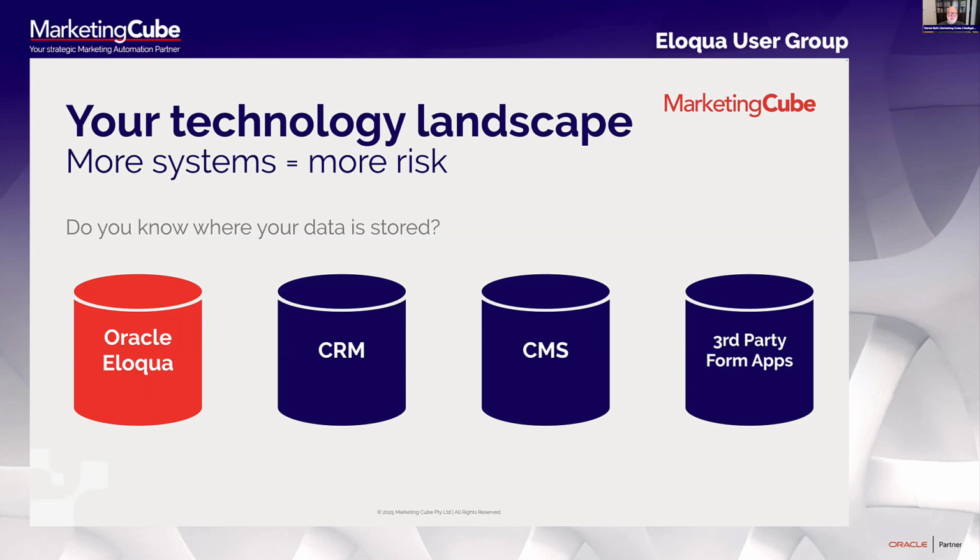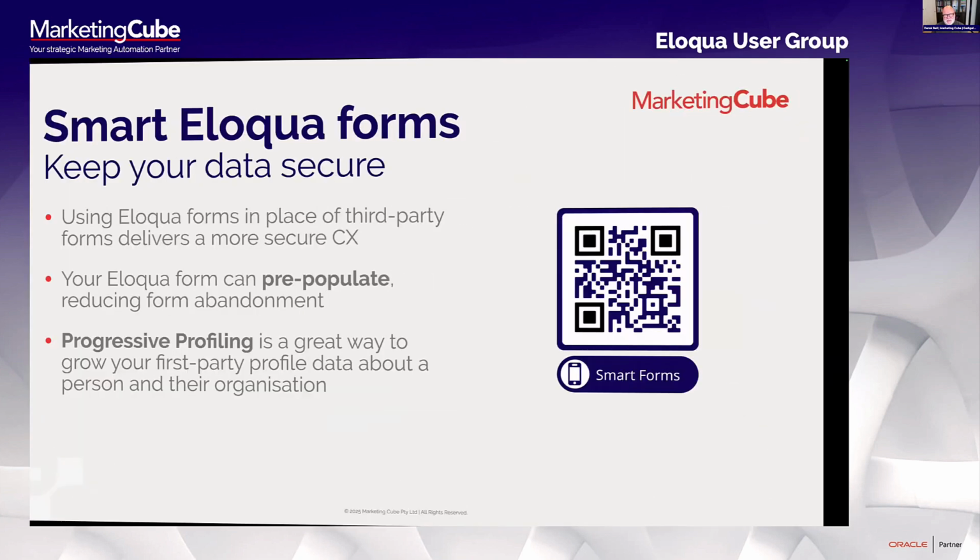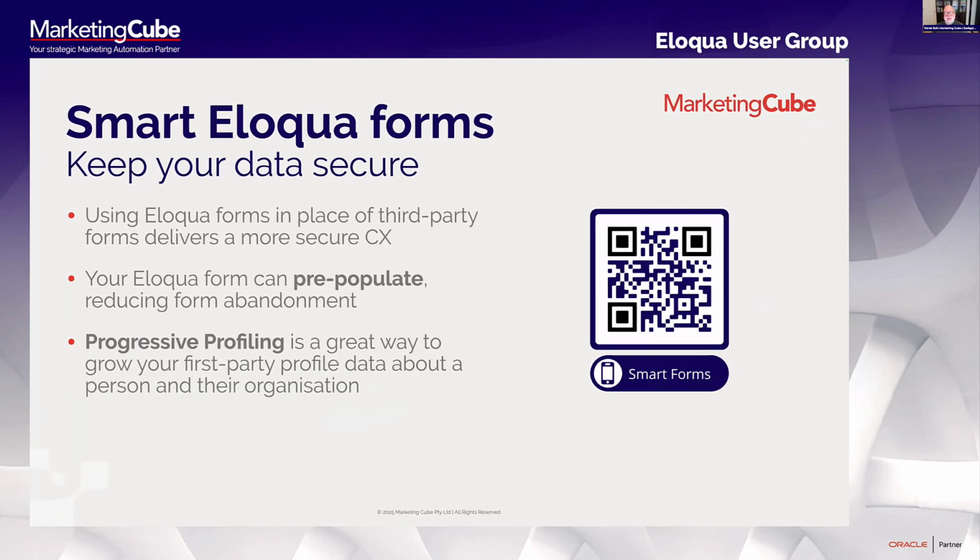Some website tools will have form functionality built in. Others require you to add third-party apps to that website in order to have form functionality. And that, I would suggest to you, becomes a little bit of a security risk. Let me explain that in a bit more detail.